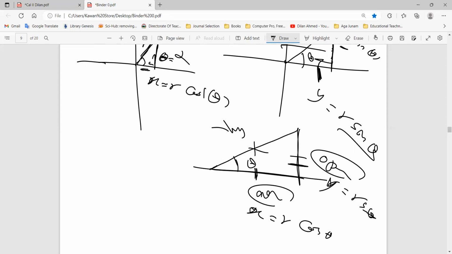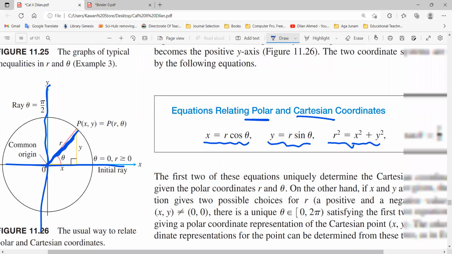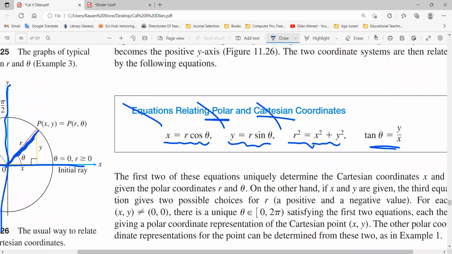Where's the angle? And we have the x and y axis. That's why there's a relation. Of course, we are going to use these relations to find the equation of each other. Sometimes we say transfer or change polar to Cartesian or vice versa.